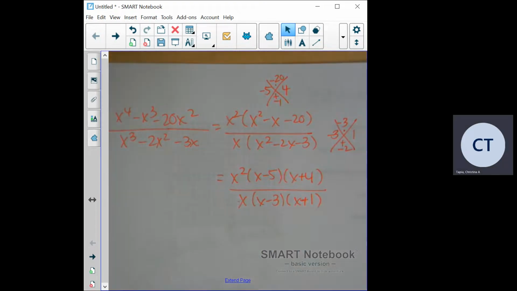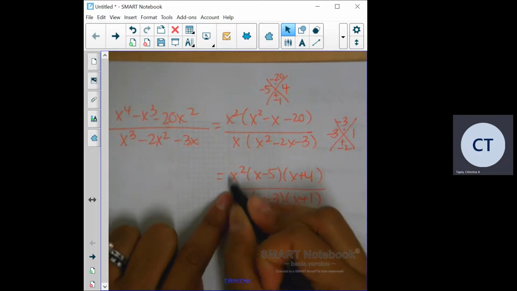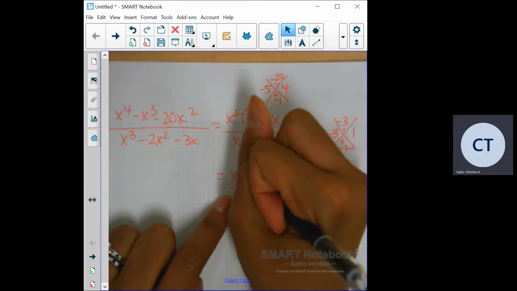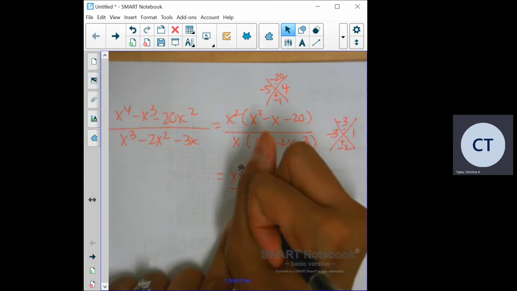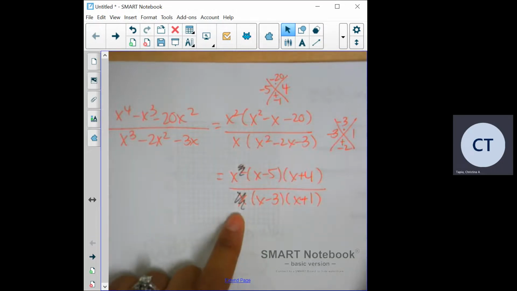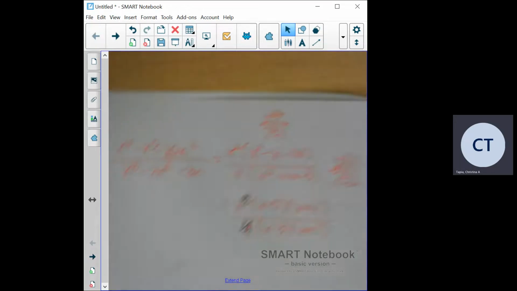Fatima, does anything cancel for this? No, nothing? An x. There's 2 x's. Do you guys agree? x squared means there's 2, so I'm going to cross out one of them, and I'm going to cross out the one in the denominator. What I just crossed out, Heidi helped me with a while back. This is going to be one of the holes. If not, it might be the only hole.